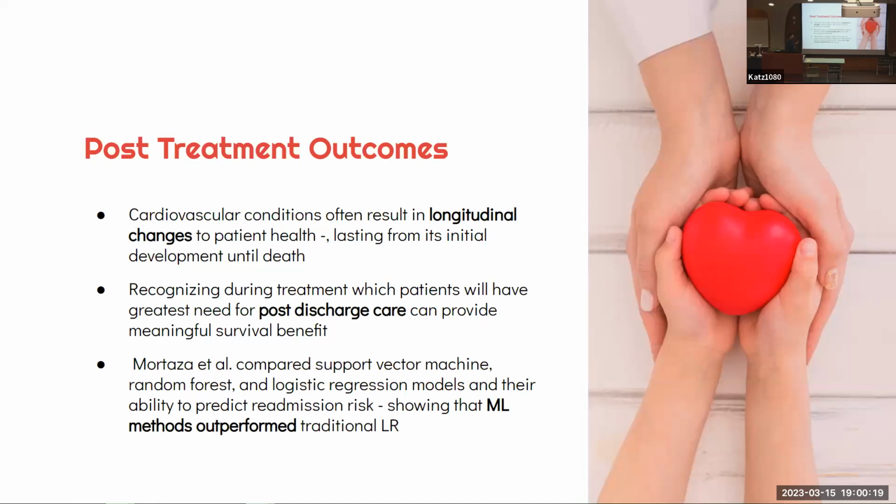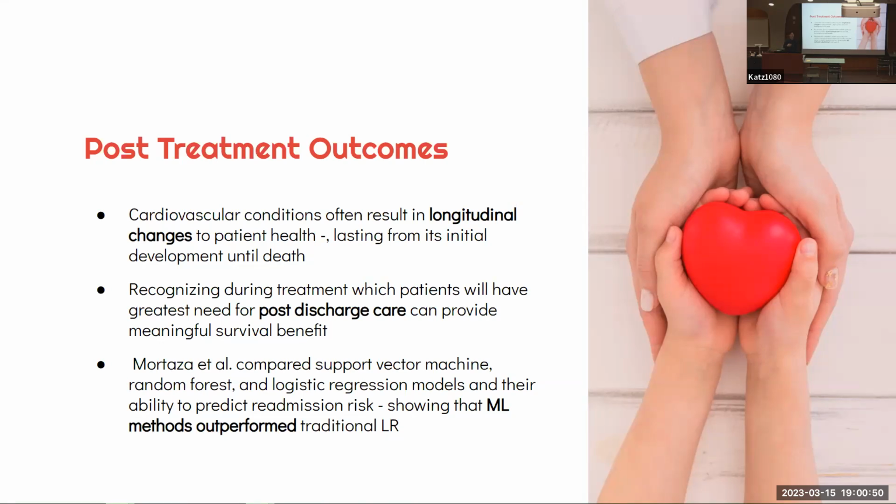And the paper quoted here by Mortaza is essentially a preliminary exploration of ML methods, which showed that there are high fidelity outcomes in predicting readmission risk for patients 30 days post-discharge. So essentially, they took a cohort of patients, they used an ML model to predict where they would be 30 days post-discharge, what their trajectory would be, and then they compared it to what these patients actually ended up doing, which ones got readmitted, which ones were fine after the 30 days, and it showed decent accuracy.